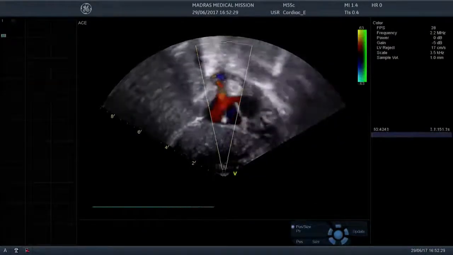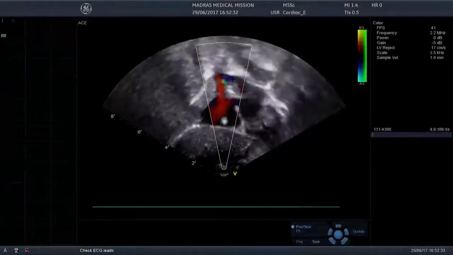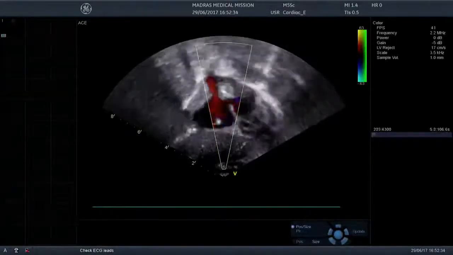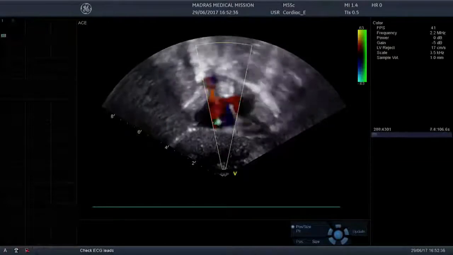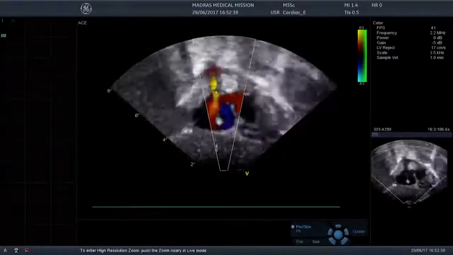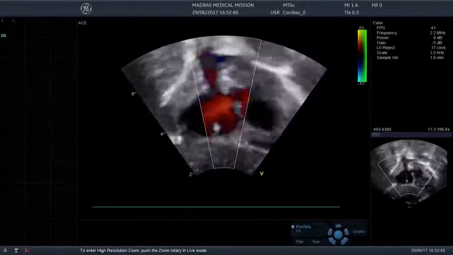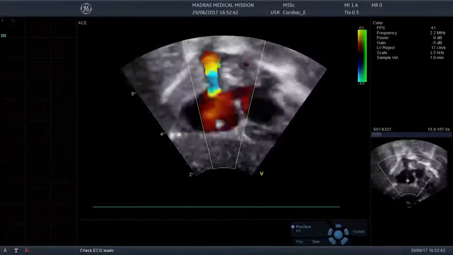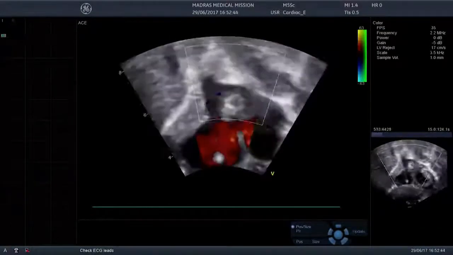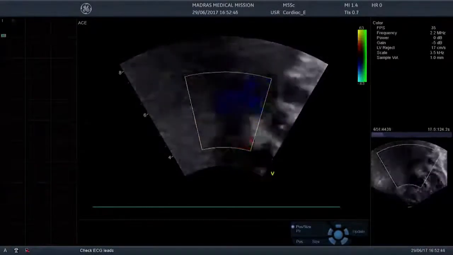So that is the superior vena cava color into the right atrium. And we can see the right pulmonary artery, which is large. There is not much of flow that we are seeing on the color from the RPA into the LA.